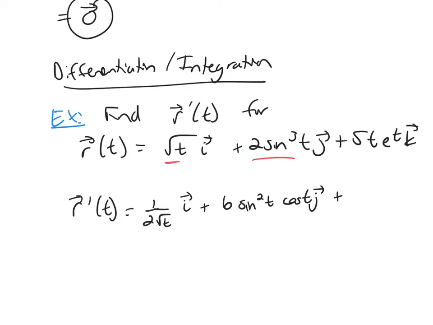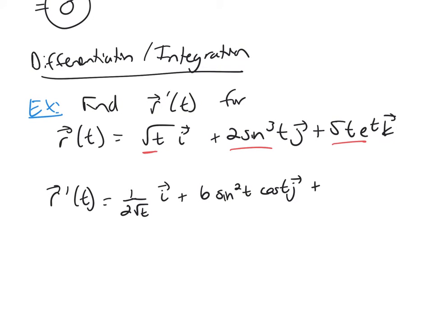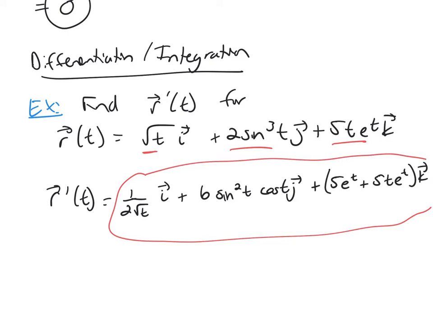And then for this third one, you're going to have to use the product rule. So you'll get 5 e to the t plus 5t e to the t. Okay, and there's my derivative right there.